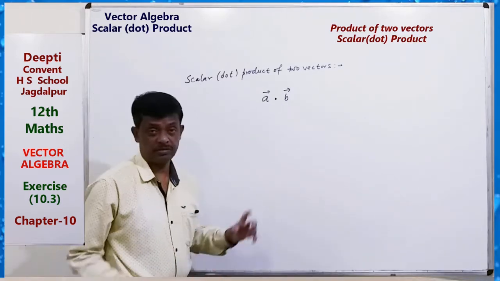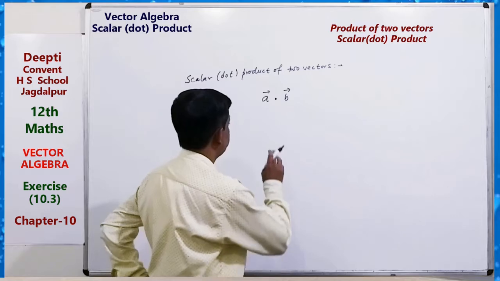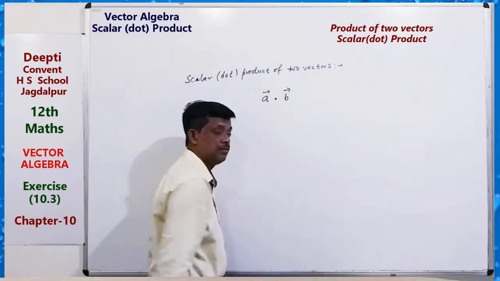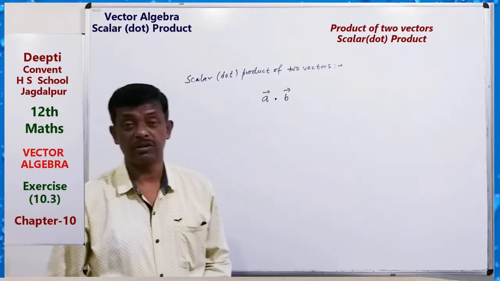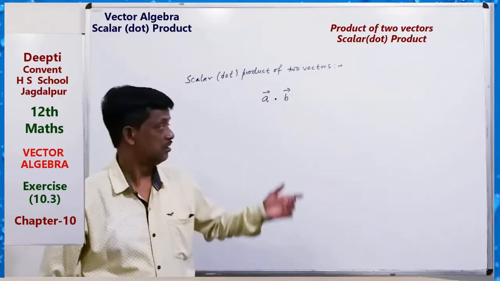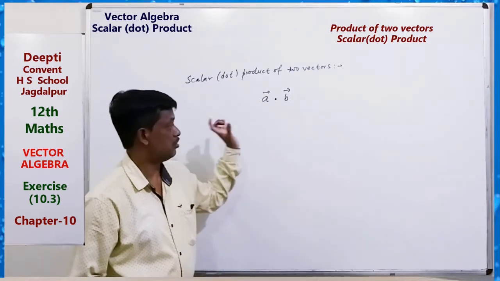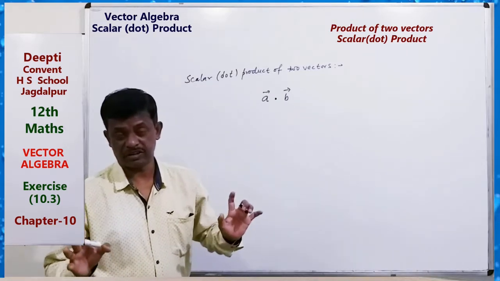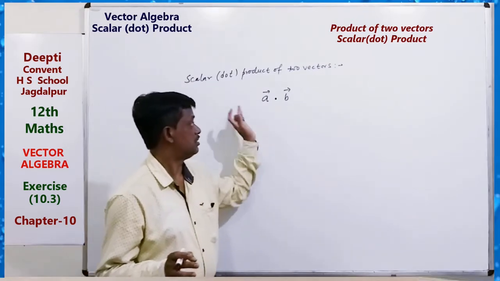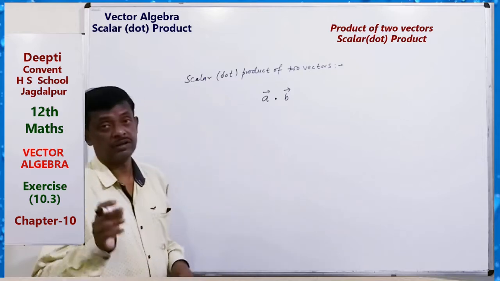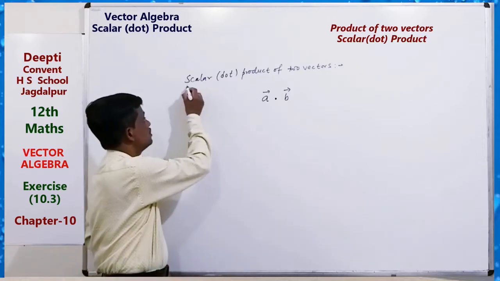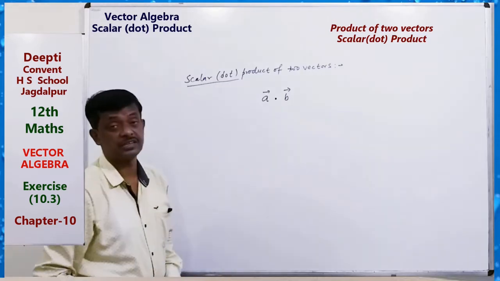Here we know a vector means having some direction, so how can we define this as a scalar? Now I will discuss the dot product, the scalar product.